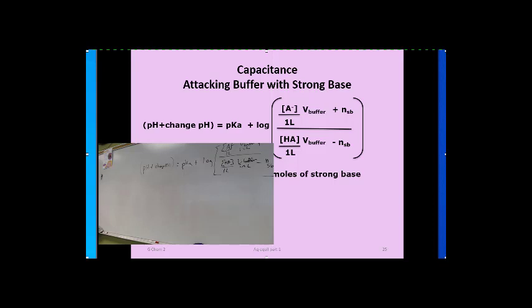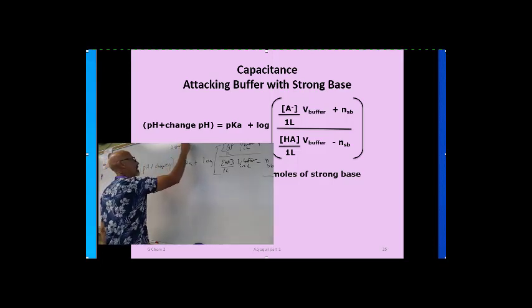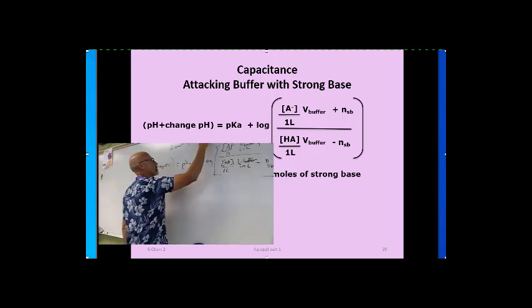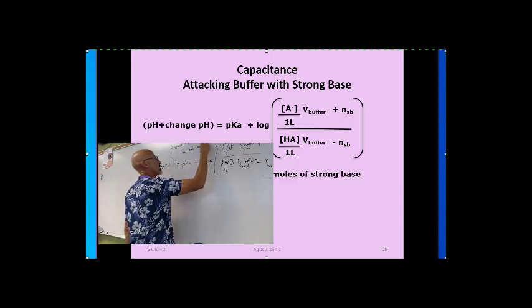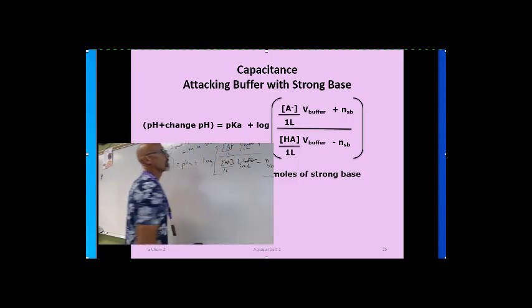And you can add this to your book below your acid-base formulas. Now again, what is it for? It's for attacking a buffer. So everybody got it now? Ready to switch the slide and actually work a problem?